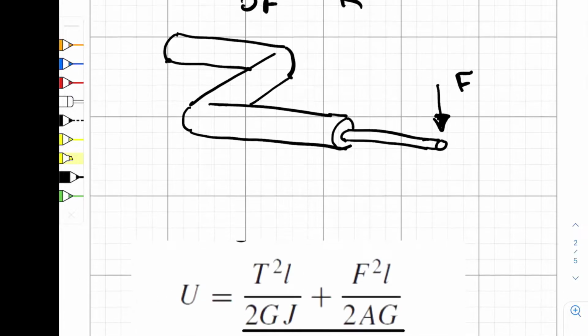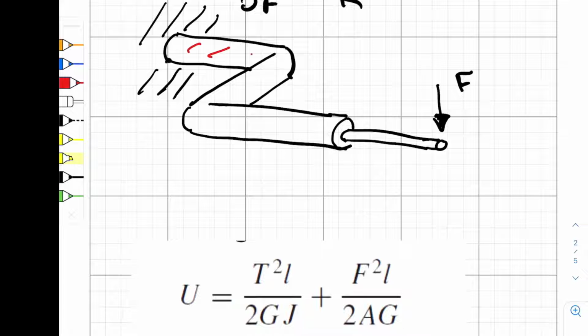Castigliano understood that any elastic body, no matter how complicated the geometry, when loaded by a force, the force does work on that elastic body, and so long as it is everywhere elastic inside that body, then we are going to be storing that work as elastic strain energy.